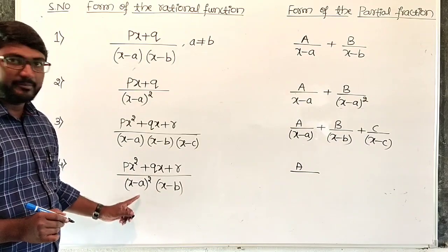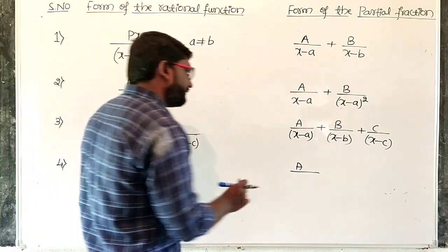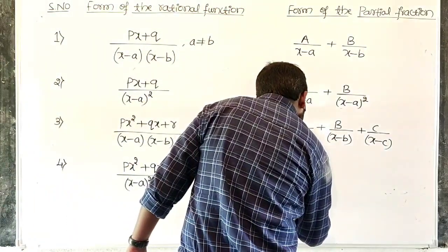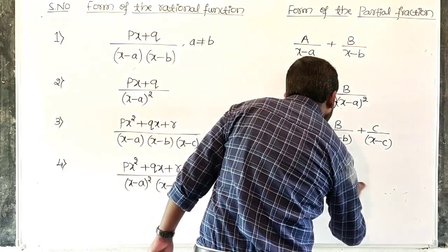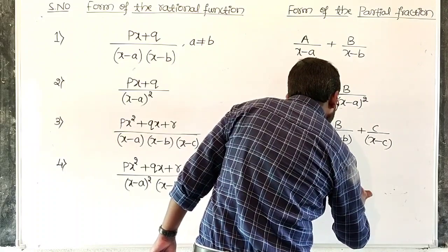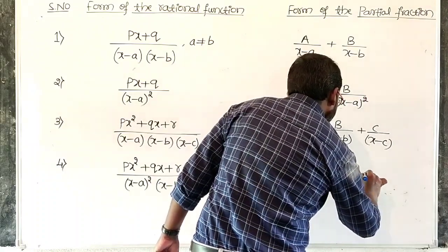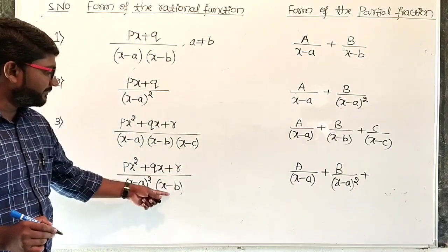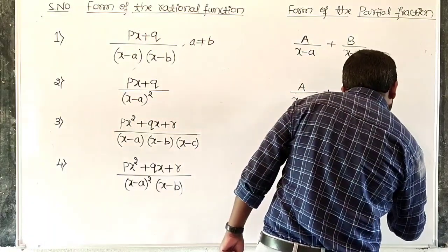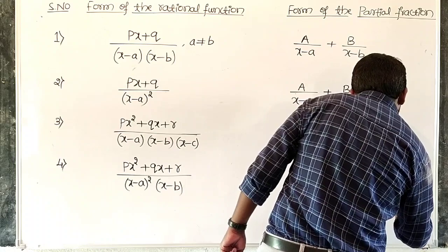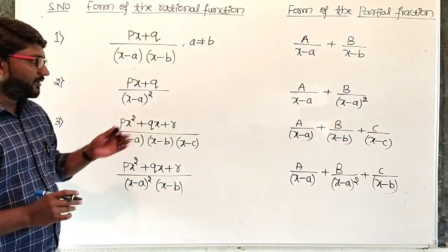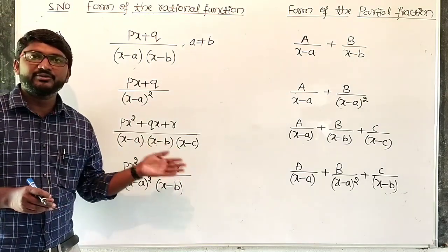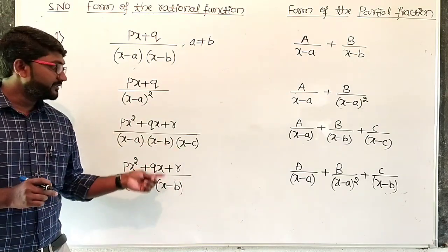A divided by x minus a, we have to write only x minus a once because it is repeating, plus B divided by x minus a the whole square plus C divided by x minus b. So we have one more form now. Meanwhile, pause the video to note it down, then we will go for the fifth form.